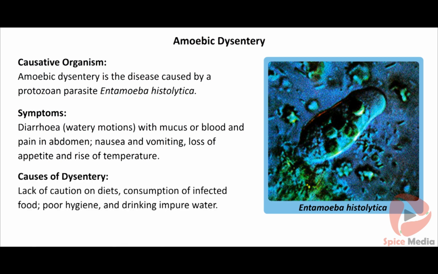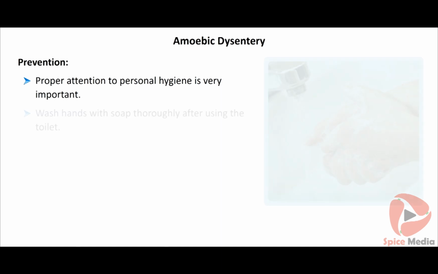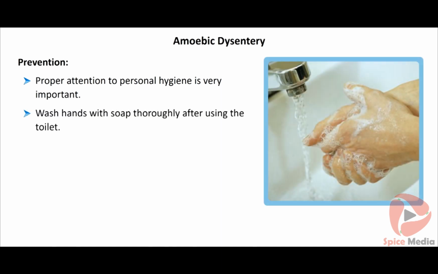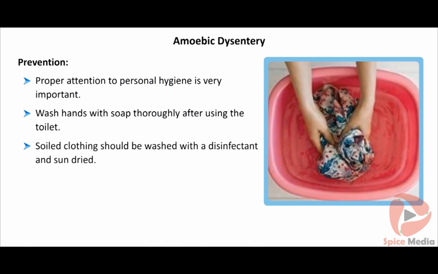When the mosquito sucks blood from a healthy person, it injects the parasite to the healthy person. The parasite infects the red blood cells and hepatic cells, causing malaria. Symptoms of malaria: malaria is characterized by cycles of fever and chills accompanied by muscle aches and headache.